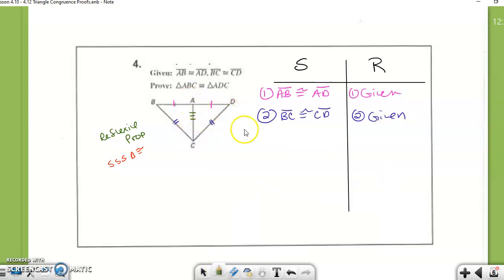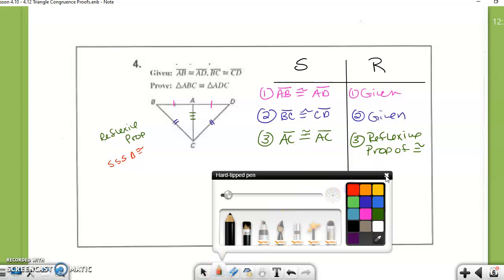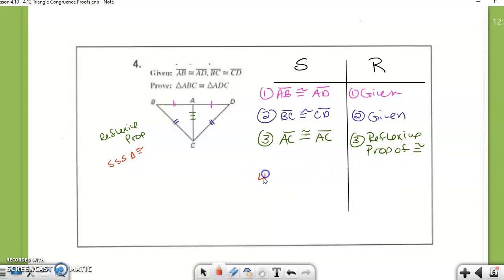I added the notation here that AC is congruent to AC, and I was able to add that notation because of the reflexive property of congruency. After I did that, I noticed, I've made my proof.